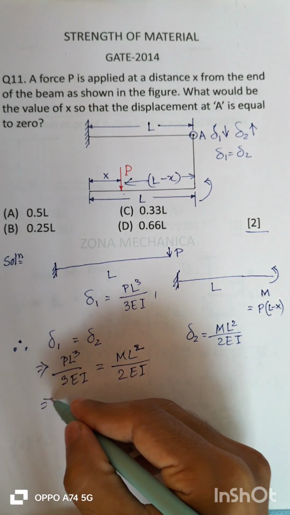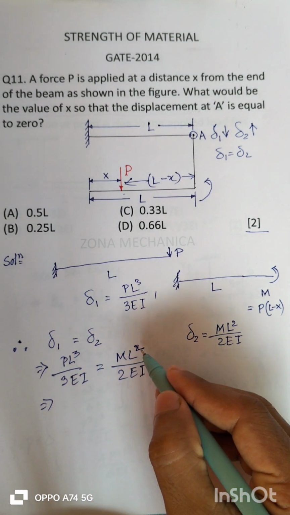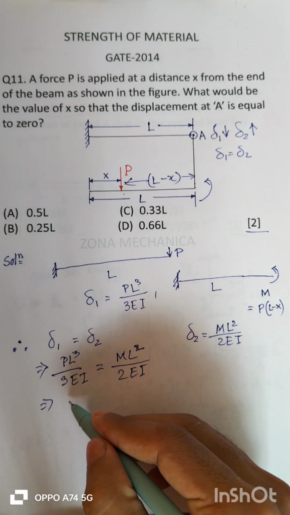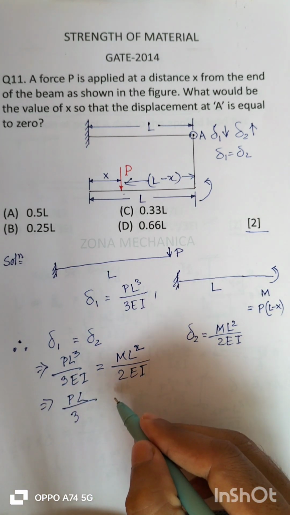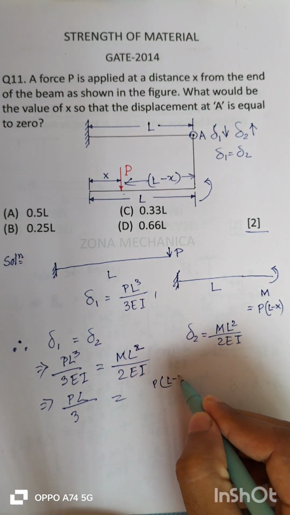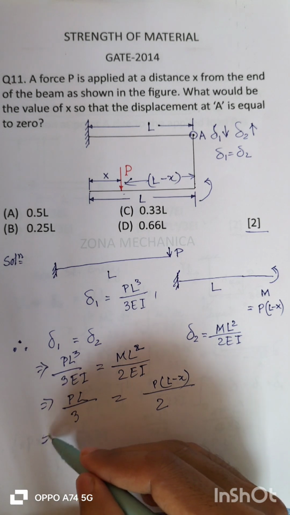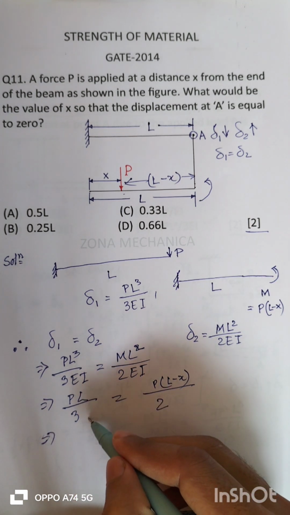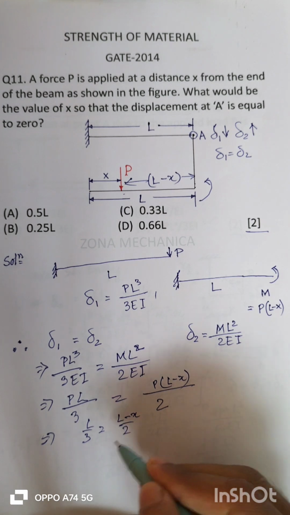See, with L square and L cube, P into L by 3 EI will cancel, so M is P into L minus X by 2. Again P will go. So L by 3 is equal to L minus X by 2.